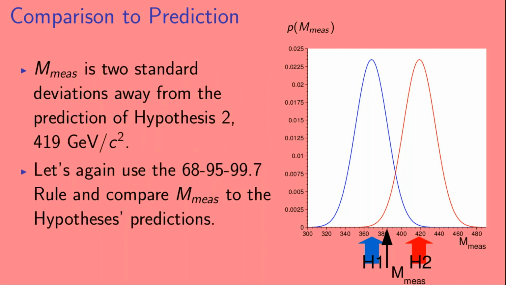M measured is two standard deviations away from the prediction of hypothesis 2, so that was 419 GeV/c². Let's again use the 68, 95, 99.7 rule and compare m measured to the hypotheses' predictions.